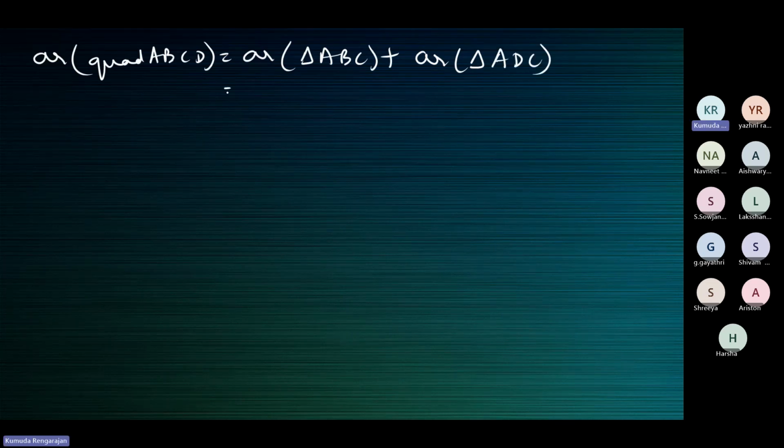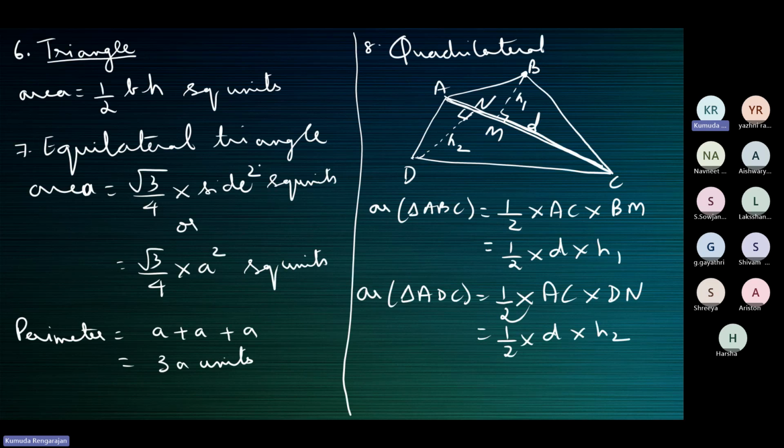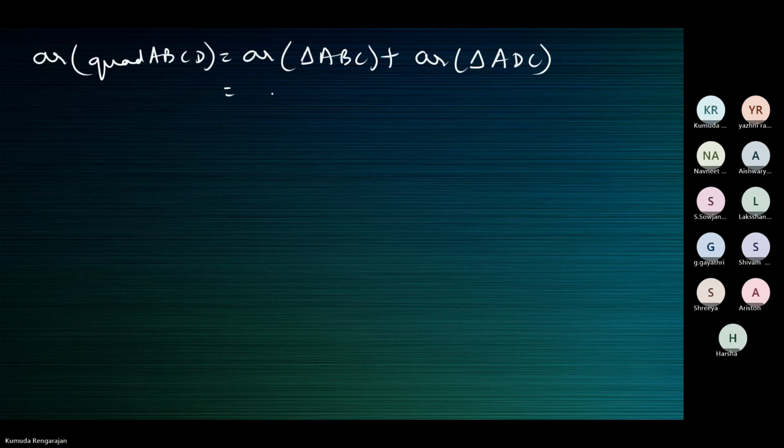Both the triangles put together, the areas of the two triangles put together is the area of the quadrilateral. So what's the formula for ABC? Half into D into H1, plus half into D into H2, the other triangle.